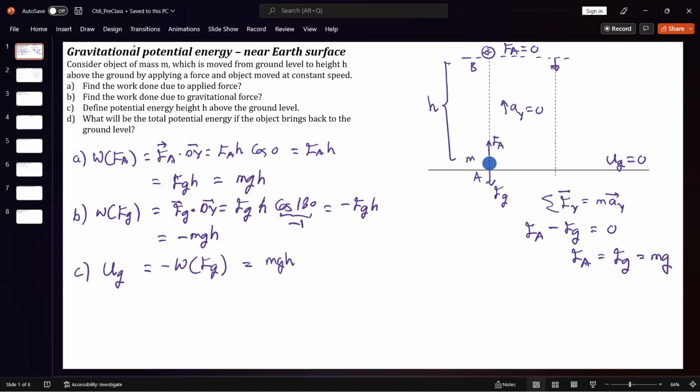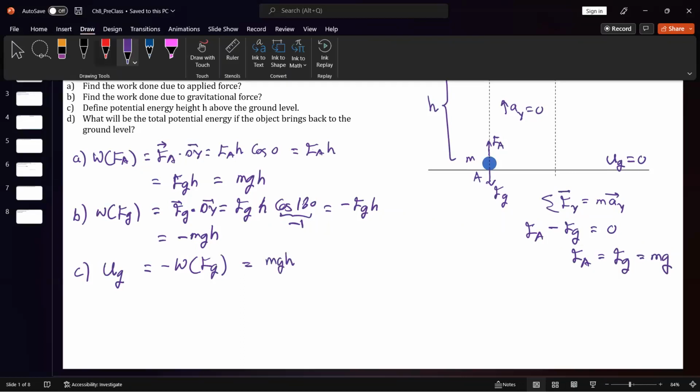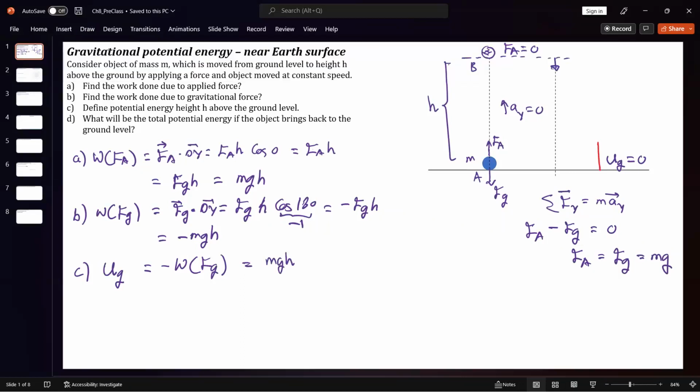Another aspect of gravitational potential energy is that it can be positive or negative, which means if you go above the ground level, you're moving in the positive y-axis direction, so we're creating positive potential energy. And if you move downward relative to the ground level, you move in the negative y direction, and you're creating negative potential energy.